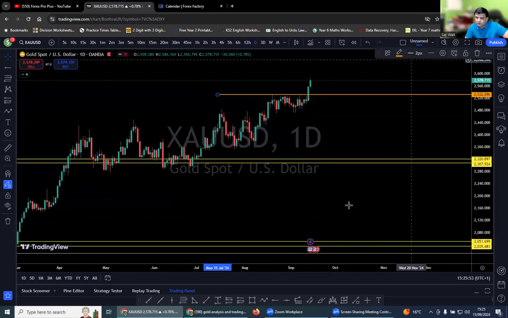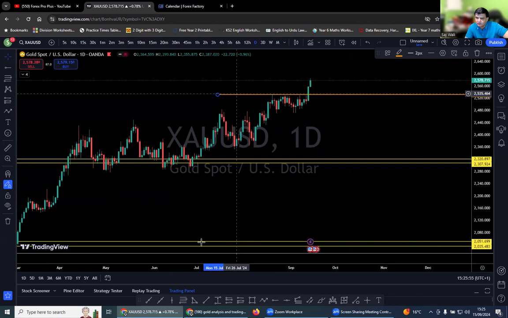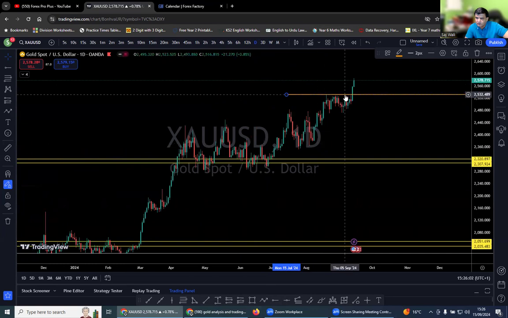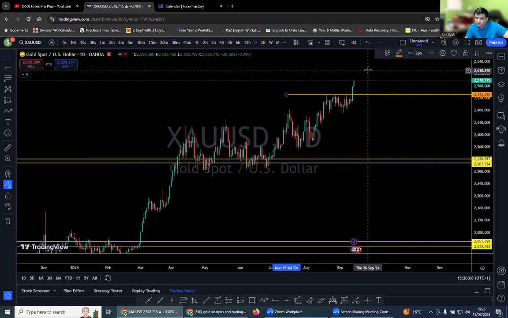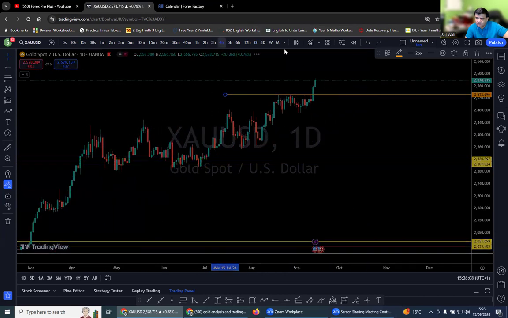Going on to daily, we have this structure level. Definitely the market can test this level before it moves to the upside.